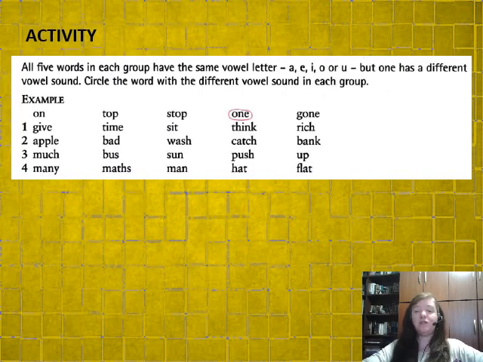All right, let's do an activity on this. Let's see if you can spot this. What you have to do is analyze each line, and in each line you will see the same vowel repeated. For example, the first line of the example says on, top, stop, one, and gone. The vowel repeated is the vowel O. In all of these words, the vowel O is pronounced in the same way, except in one of the words.